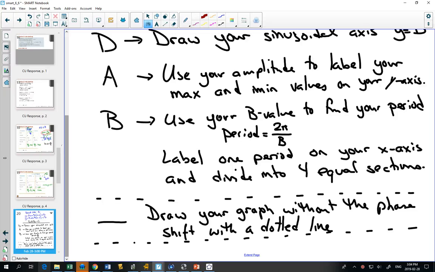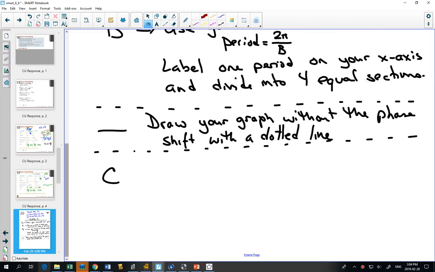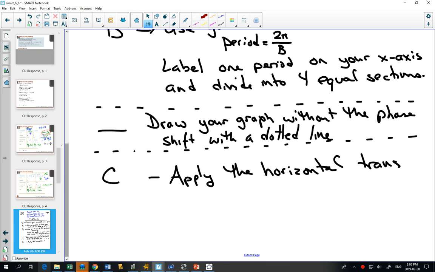So after doing the dab, yes, we are going to draw our graph with a dotted line before we do our phase shift, and finally your C value, which is your phase shift, apply the horizontal translation.